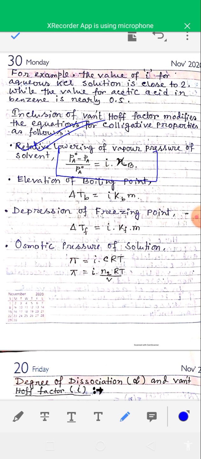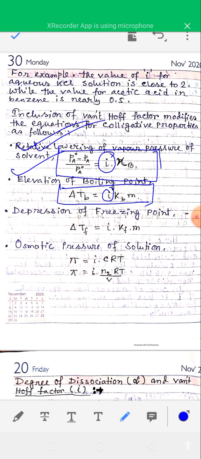Relative lowering of vapor pressure, (Pa naught minus Pa) divided by Pa naught is equal to i into Xb. You have to write i into Xb. Elevation of boiling point, the formula becomes delta Tb is equal to i into Kb into m. You have to multiply Kb into m by the Van 't Hoff factor.